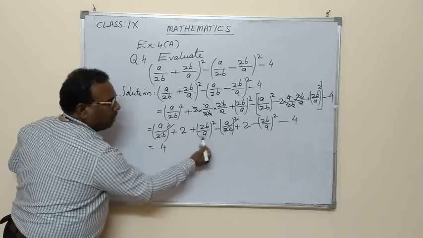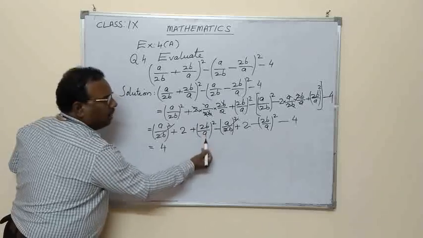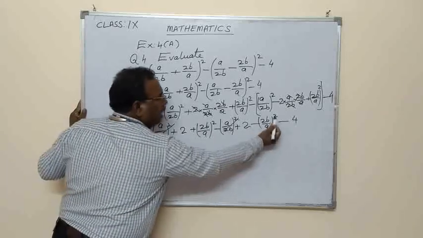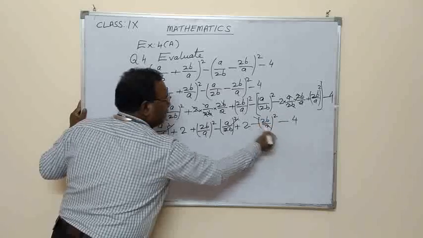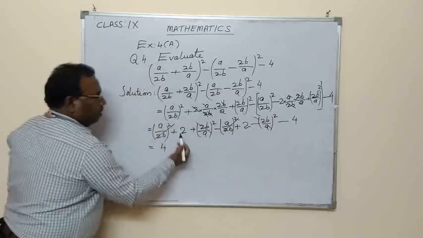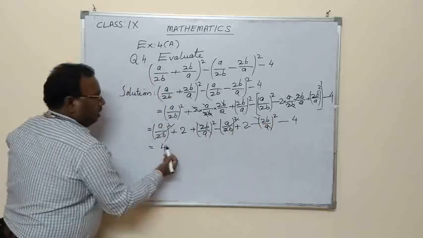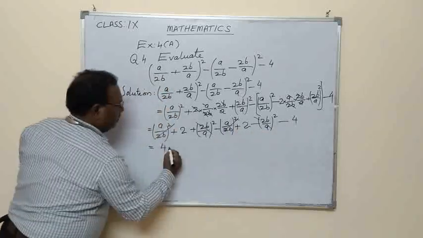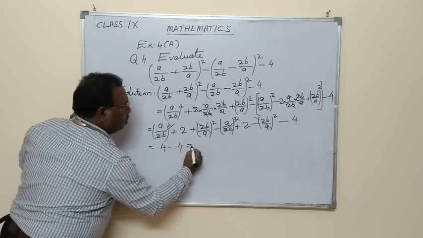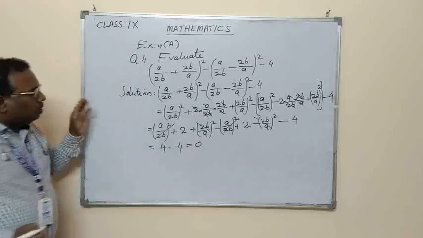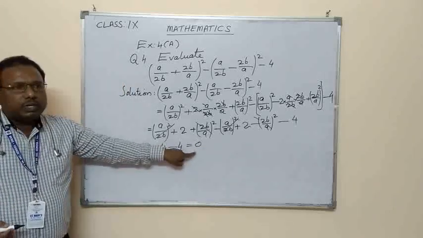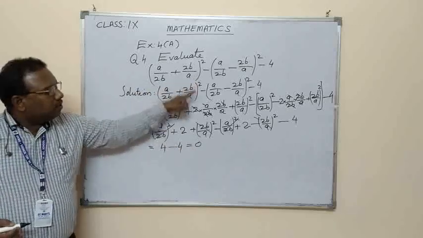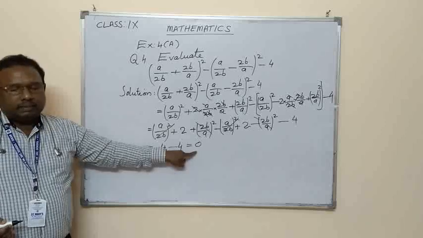Positive (2B by A) whole square minus (2B by A) whole square, cancel this. Then 2 plus 2 is equal to 4. Then minus 4 is equal to 0. So 0 is the answer. After evaluating the given question, we reach this result.